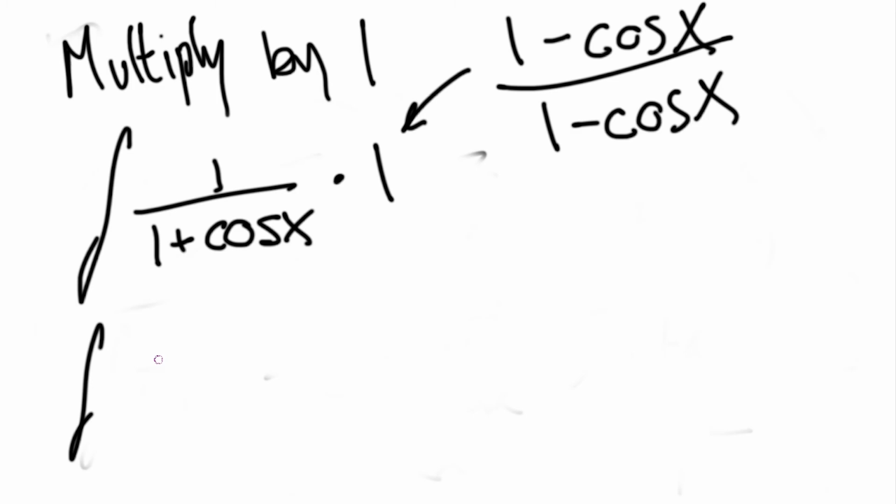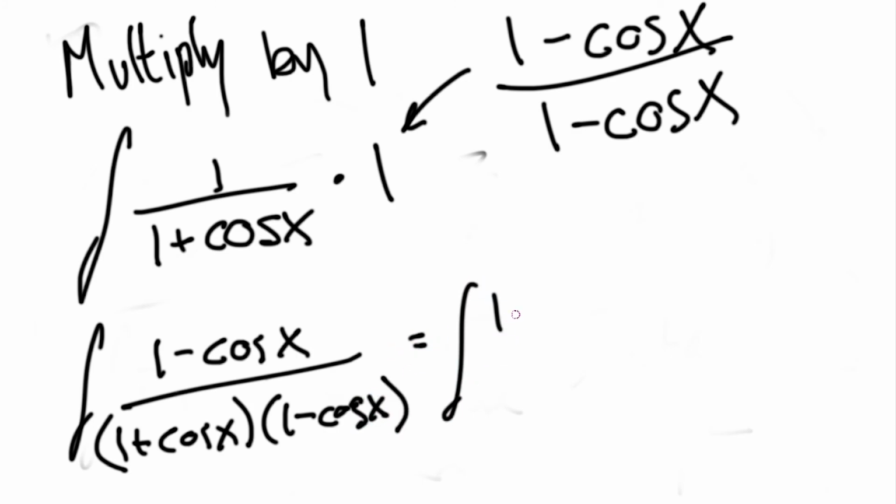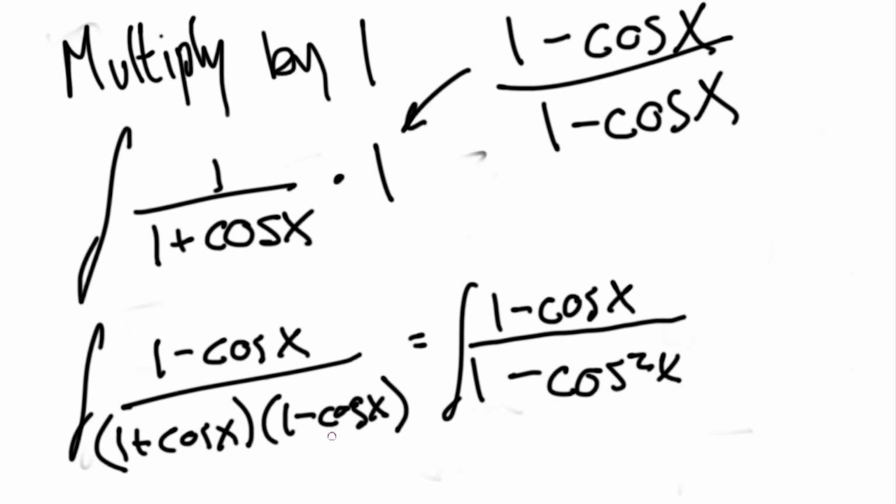So we get 1 minus cosine x over 1 plus cosine x times 1 minus cosine x. If we simplify this further, we get 1 minus cosine x over 1 minus cosine squared x, because the middle cosine terms cancel out.